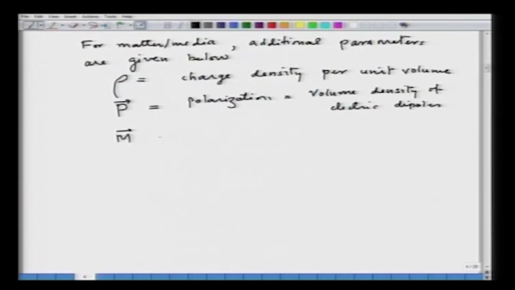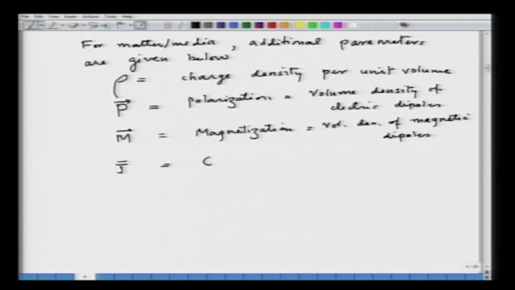And M is magnetization, which is volume density of magnetic dipoles. And we also have current density, which is current amperes per unit area.